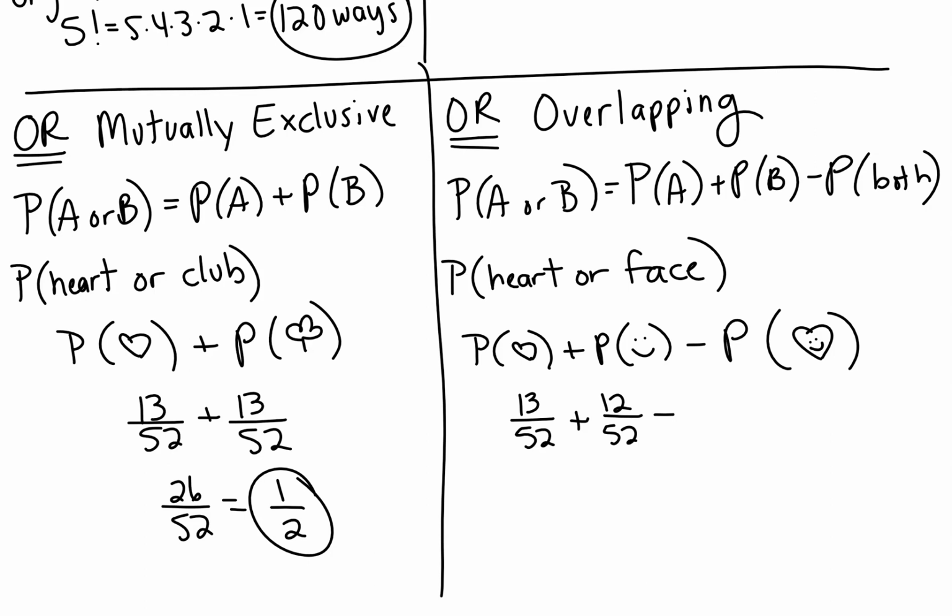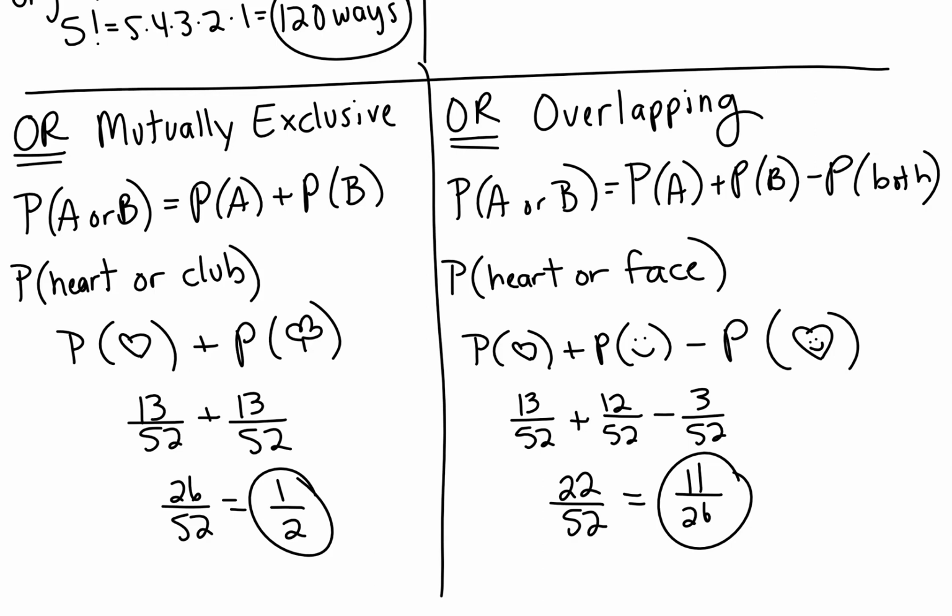The jack of hearts, the queen of hearts, and the king of hearts. So we're going to subtract off that 3 out of 52. Remember, with adding and subtracting, you work left to right. So you're going to do 13 plus 12 is 25, minus 3 is 22. 22 out of 52. We can simplify that to 11 out of 26.